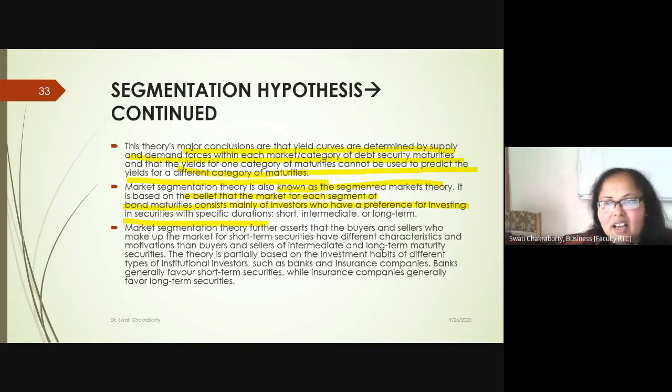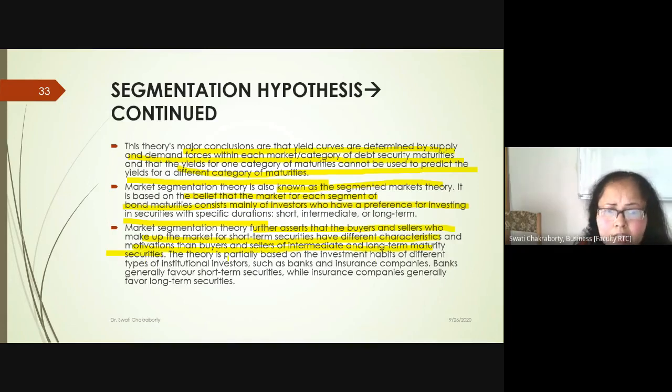So we have different types of investors in these three categories. There's no link, they have their own preferences, right? This theory also says that buyers and sellers who make up the market for short term securities have different characteristics and motivations as compared to those of intermediate and long term maturity securities. They have their own needs.